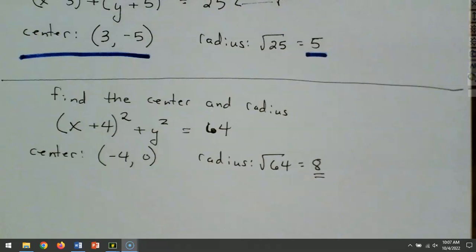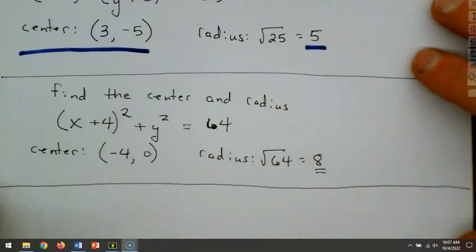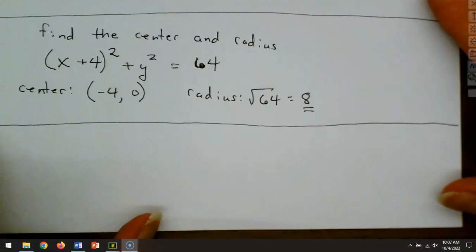Now let's go the other way. So now I'm going to give you the center and the radius, and you're going to find the center radius form.